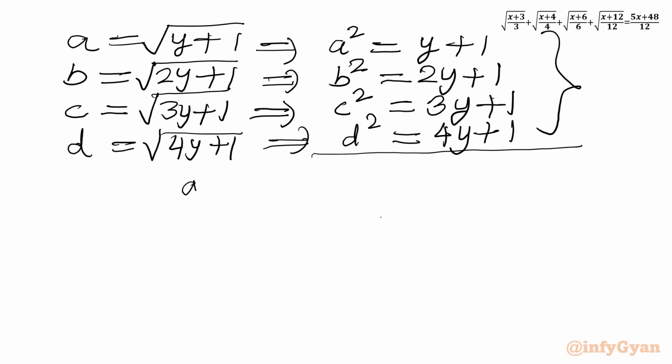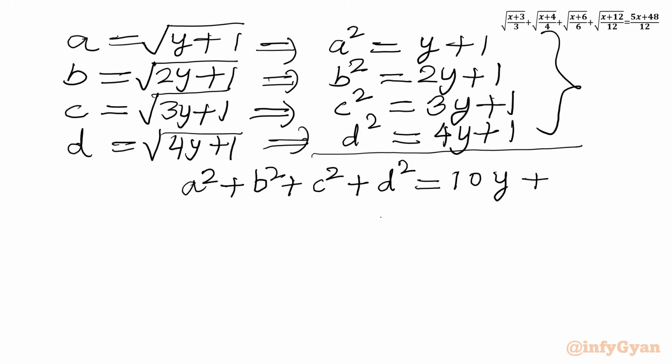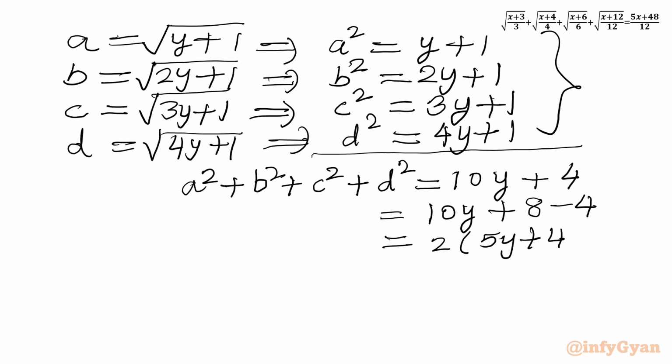So we can write a square plus b square plus c square plus d square equal to 1y, 2y, 3y, 4y, which is 10y, plus 4, which will be equal to 10y plus 8 minus 4. Now we can take 2 common from the first two terms, so we will get 2 times (5y plus 4) minus 4.